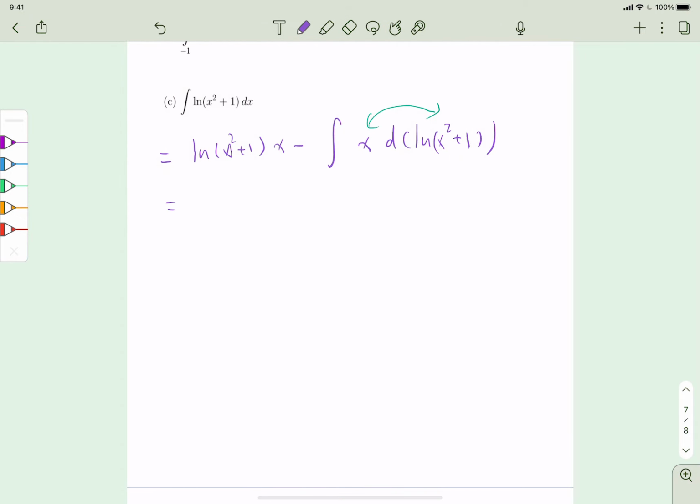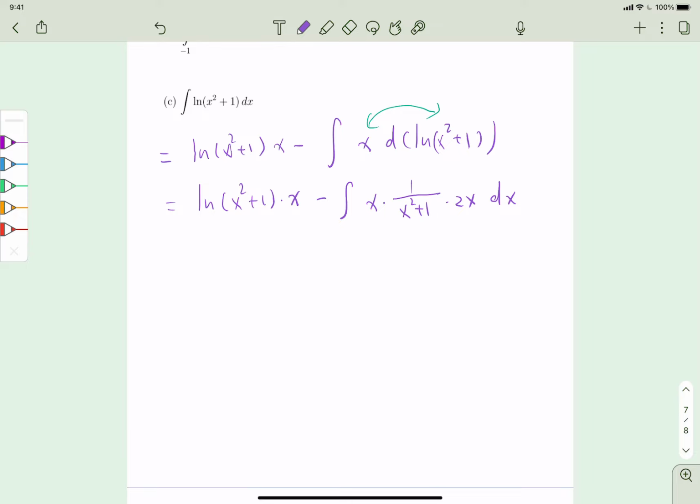And after we simplify the second integration, we have x. Let that ln thing go out and apply the chain rule, that is 1 over x squared plus 1, times 2x dx. Okay, so we have this one here.